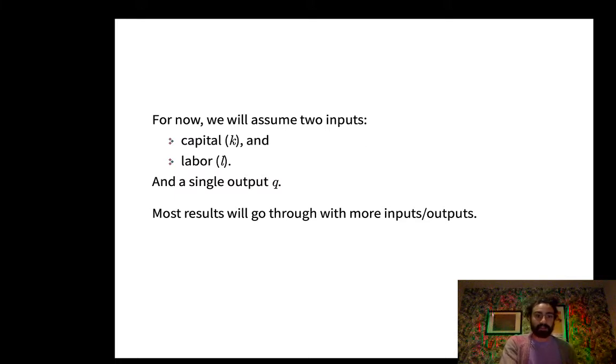And we're going to think of a single output, which is going to be denoted by Q, the quantity produced. Almost everything we're going to talk about will go through without a hitch, with just very minor adjustment if you wanted more inputs or more outputs, right?